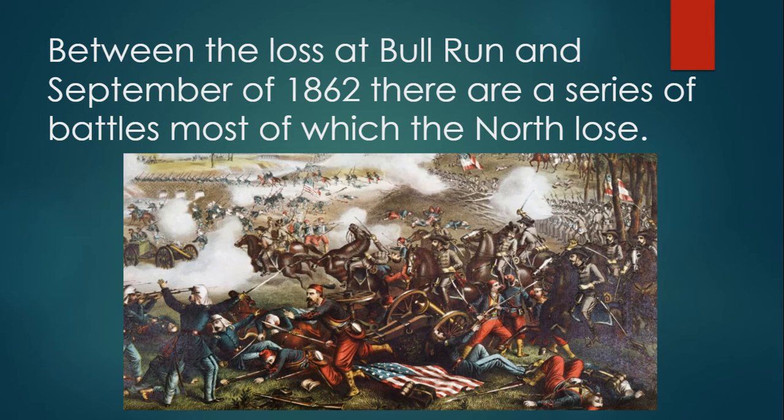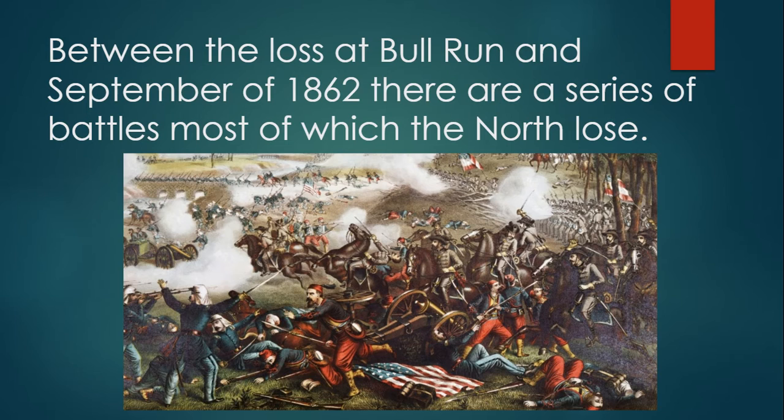Now, between Bull Run and September of 1862, which I'll talk about in a moment, there is a series of battles in Virginia, along the North Carolina coast, down in New Orleans along the Mississippi River, in Tennessee, hundreds of battles, little, big, many of them hugely bloody.